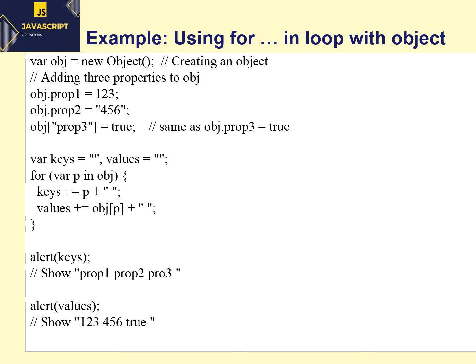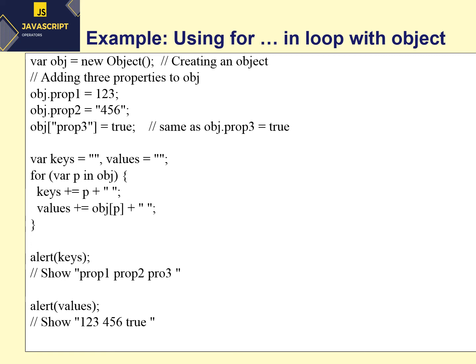After that a for loop is declared: for variable p in obj. For the object obj we have to specify a variable p. Keys plus equal to p plus space, which means that inside the object obj, we already defined some properties.